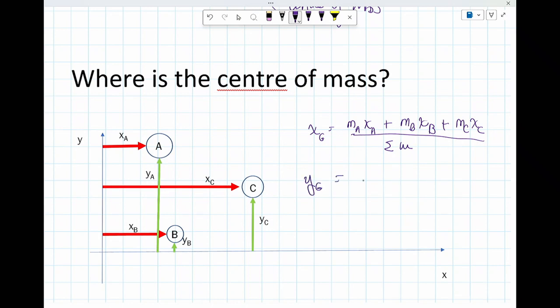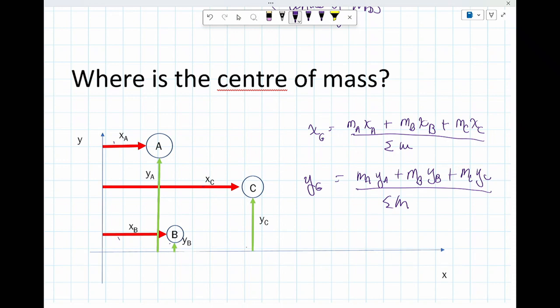Yg is equal to ma ya plus mb yb plus mc yc, all over the sum of masses.